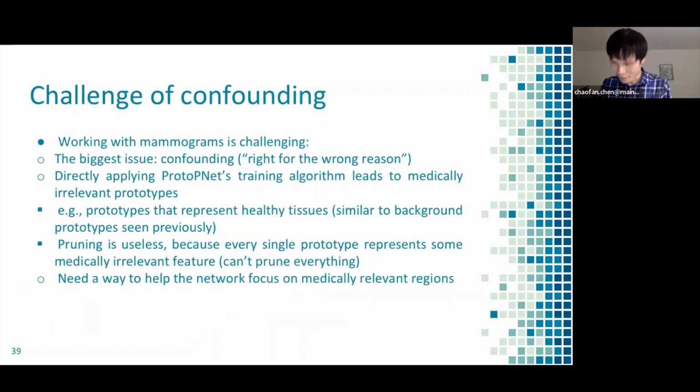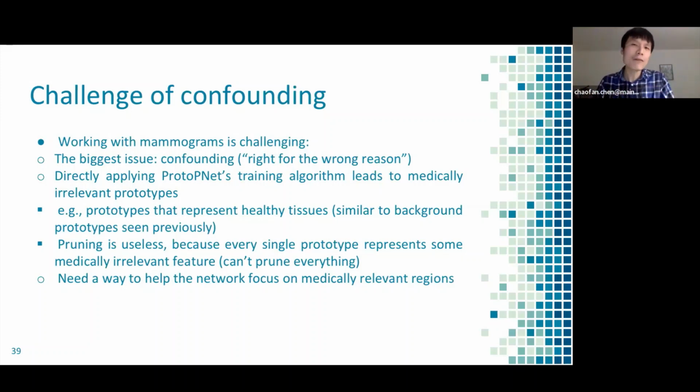So what's new? The new thing with this work is that we are faced with something called a confounding issue. Working with mammograms or any medical image is very challenging because the biggest issue is confounding, or being right for the wrong reason. The network can predict certain things correctly, but the reason it provides can be poor.